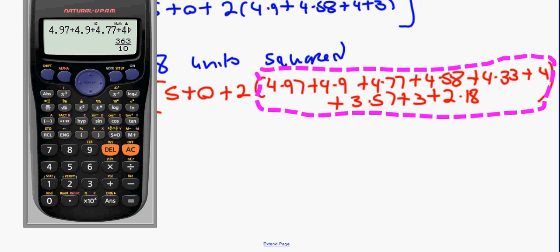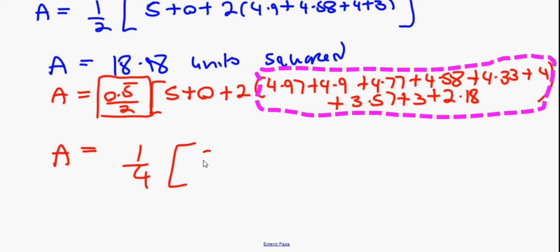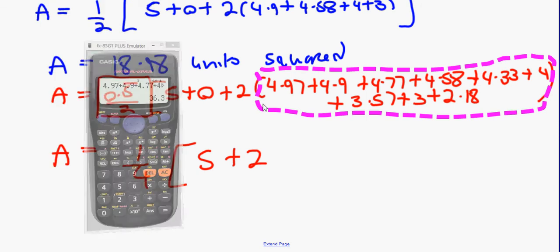Press equals there, and what we're going to get is 36.3. So the area, now this here equals a quarter, so it's going to be a quarter of 5 plus 2 times 36.3.